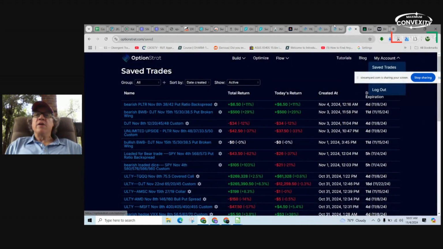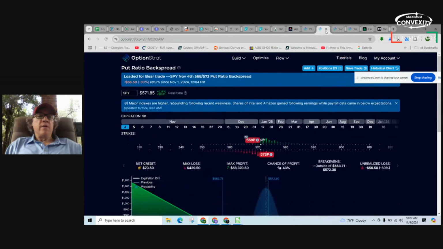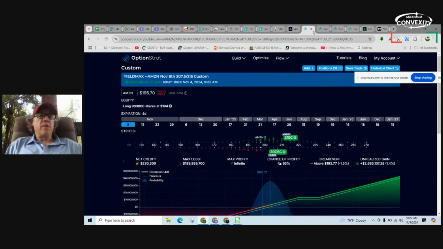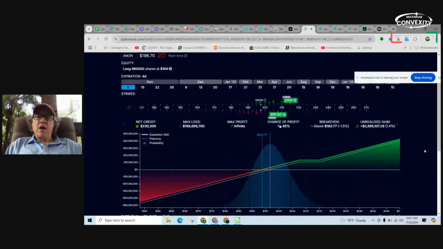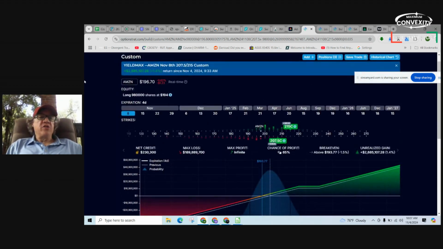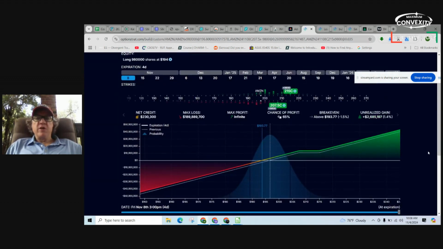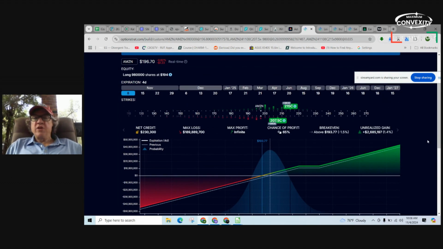Amazon. All right, they have a ton of shares, about 1 million, and they sold 9,800 call spreads. So this puts them in a bullish position. Bezos kind of aligned himself with MAGA lately by pulling that endorsement of Kamala.